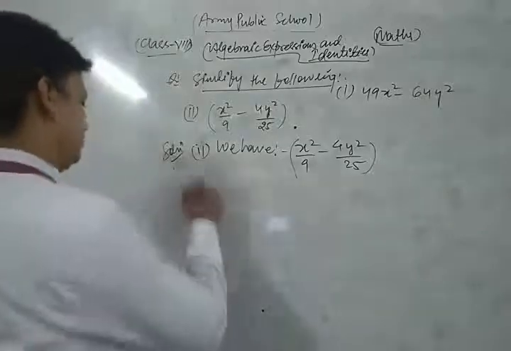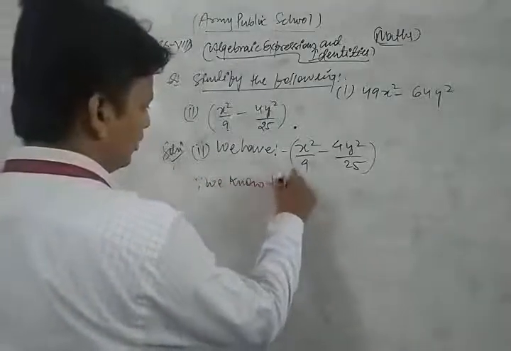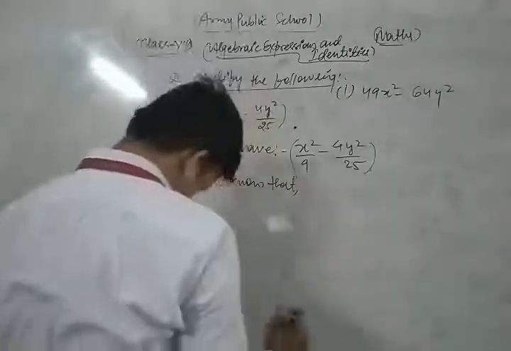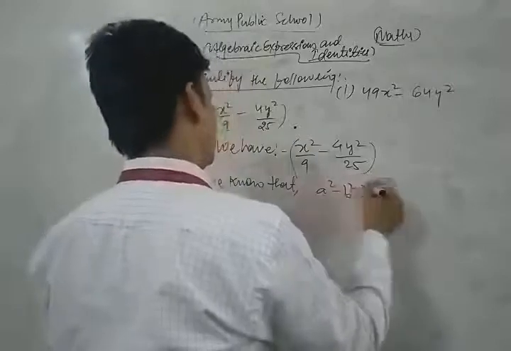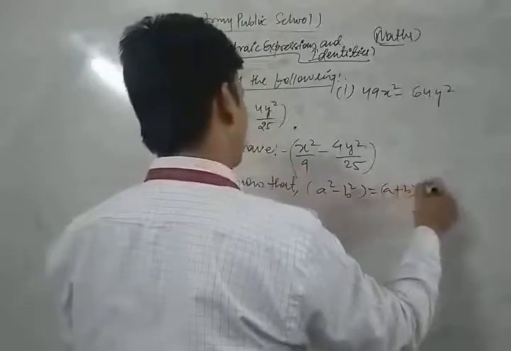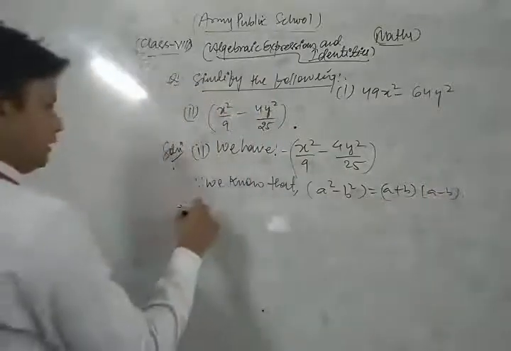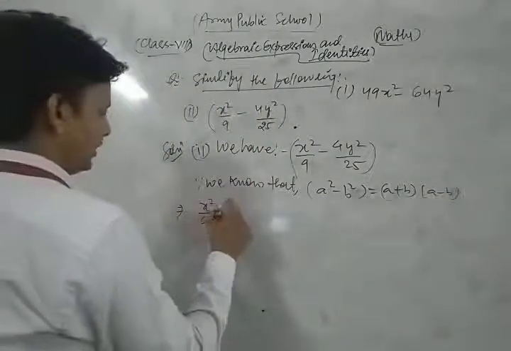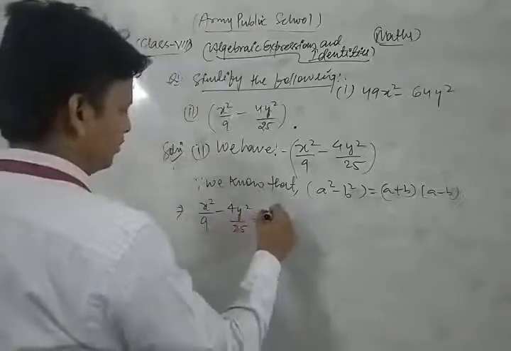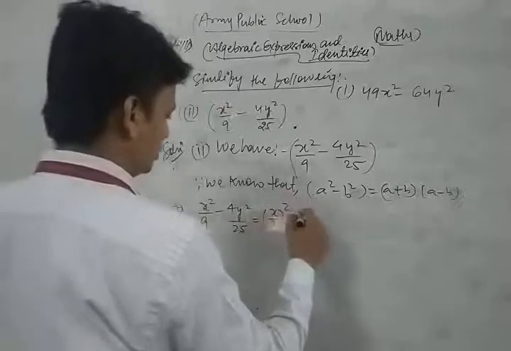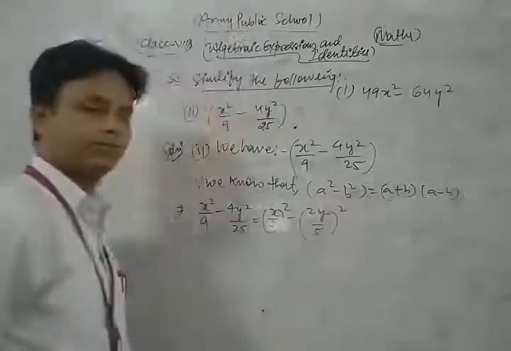Since we know that a square minus b square is equal to a plus b into a minus b. So thus from there we can write x square upon 9 minus 4y square upon 25 in the form of x upon 3 whole square minus 2y upon 5 whole square.